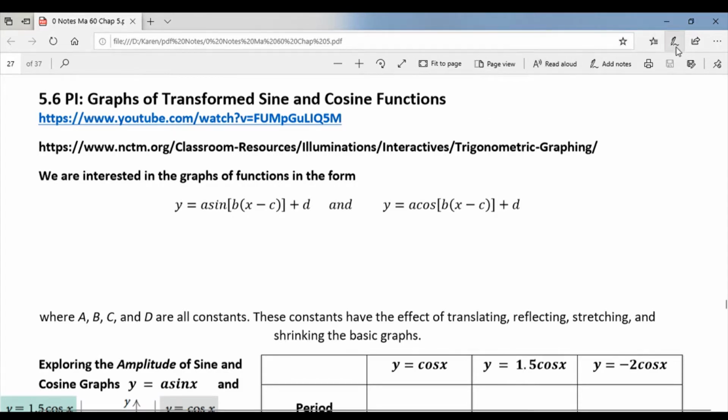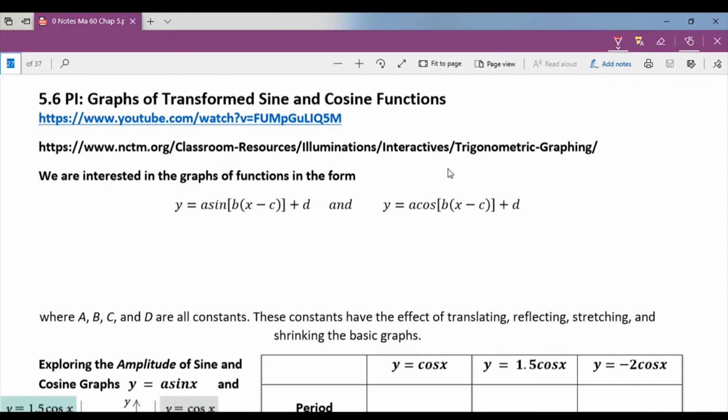And what I want you to notice is that they have the A, the B, the C, and the D, and they don't change what they mean. So if you look here, you've got the A in front of the sine function, and you've got the D on the end. These are both transformations on Y. So A is going to be your vertical stretch or compression.